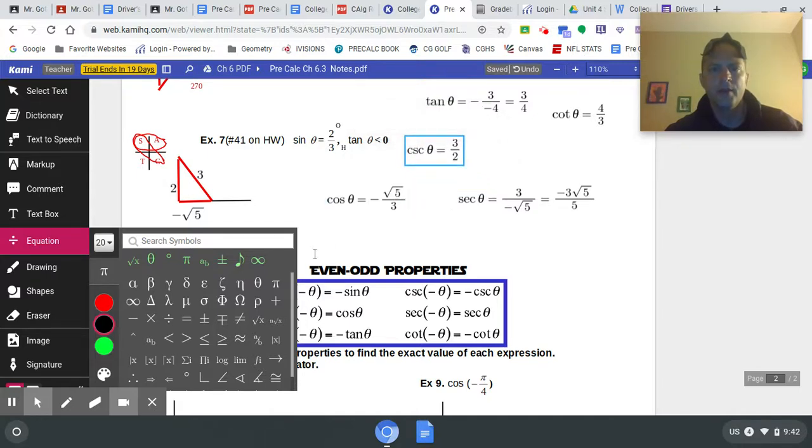So let's finish up with tangent of theta. Tangent of theta is opposite, which is 2, and then this is adjacent. So I'm going to get 2 divided by root 5, which is negative.